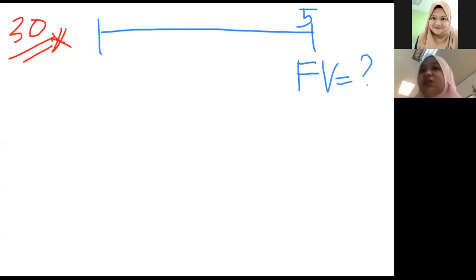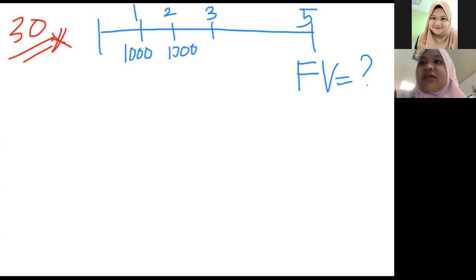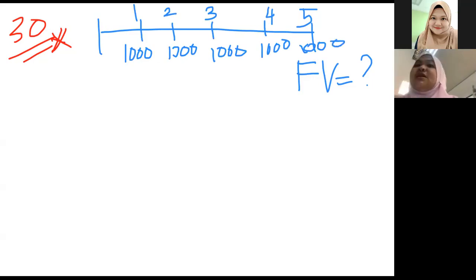So what does Fabian do? Fabian chose to invest 1,000 ringgit at the end of each year. At the end of year 1, at the end of year 2, he puts another 1,000 ringgit, and the same at the end of years 3, 4, and 5. Every year he puts 1,000 ringgit.